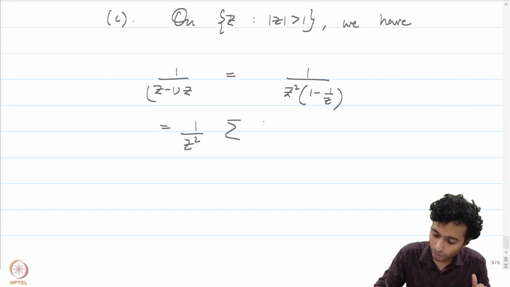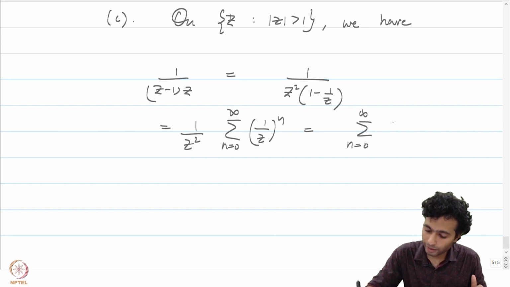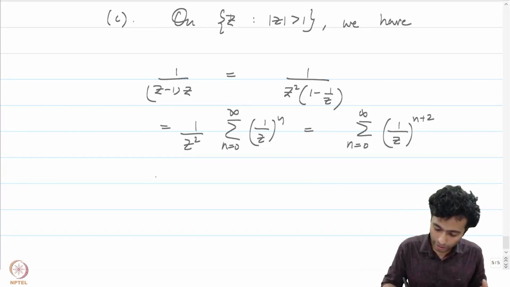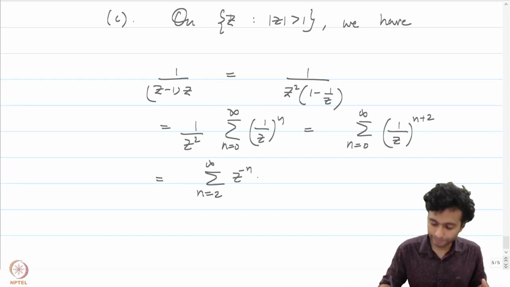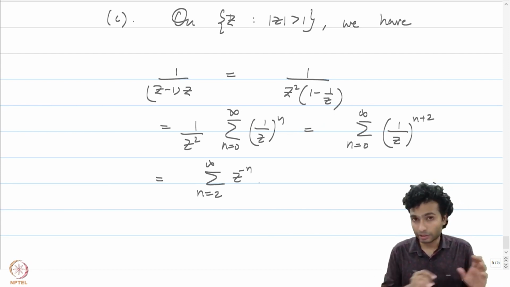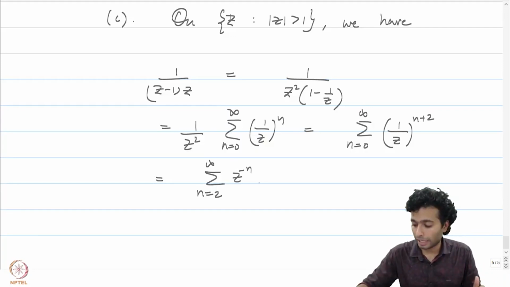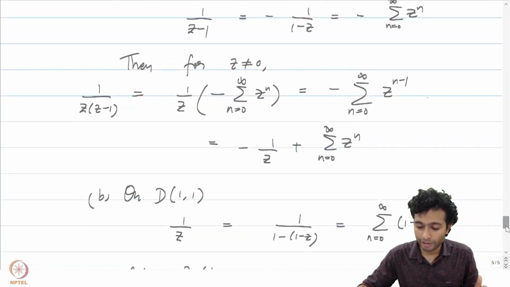This is going to be (1 by z) to the power n, where n goes from 0 to infinity, and that's going to be equal to the sum n equal to 0 to infinity of 1 by z to the power n plus 2, or this is equal to summation n is equal to 2 to infinity z to the power minus n. So notice that on two different annuli centered at 0, we have distinct Laurent series expansions. They are not similar. However, once we fix an annulus, we get a unique series expansion.